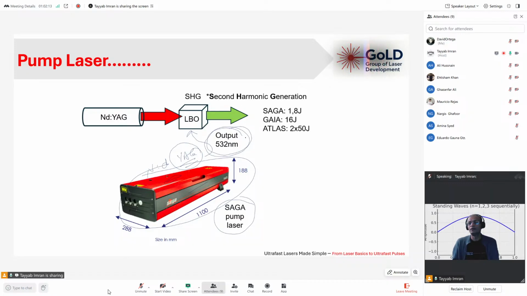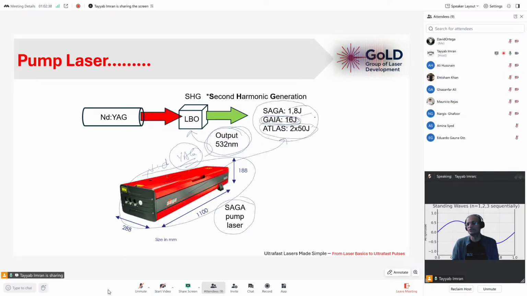Just for you to know, this pump laser's specs are like 1.8 joule energy. This is also a pulsed one. And there is another, higher power pump laser, Atlas, which can give 16 joules.